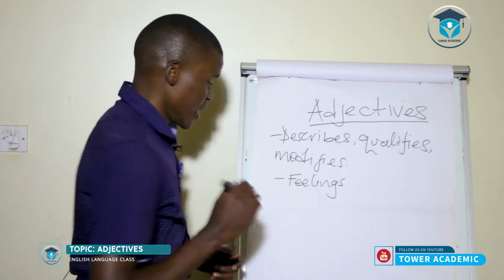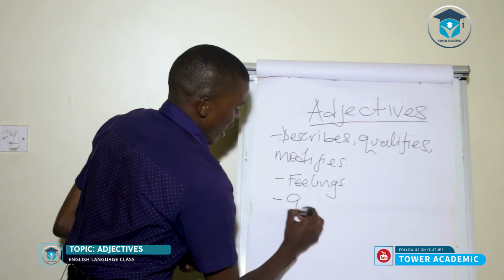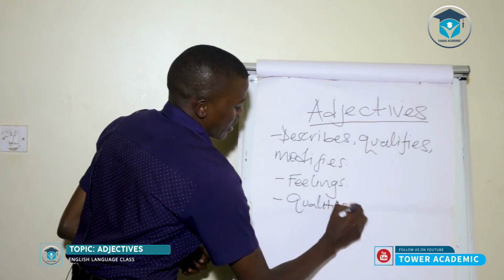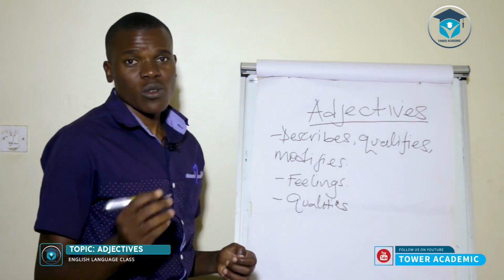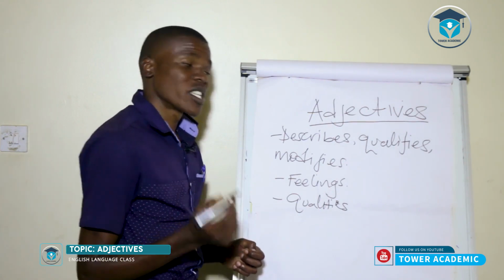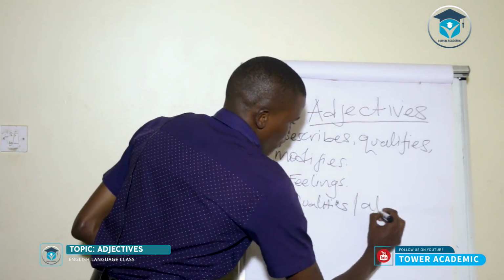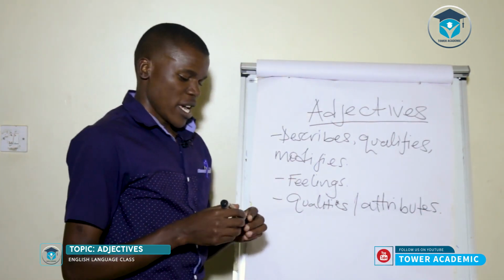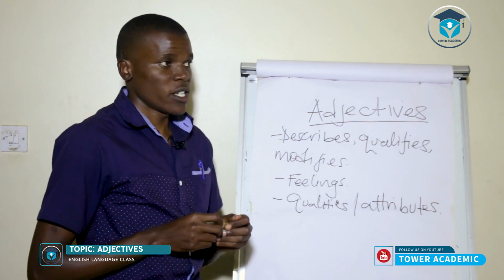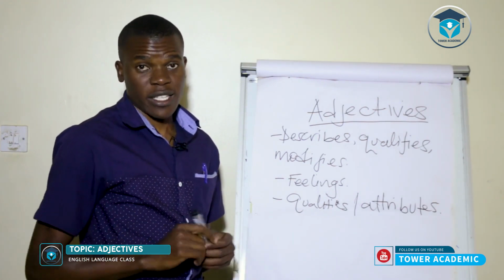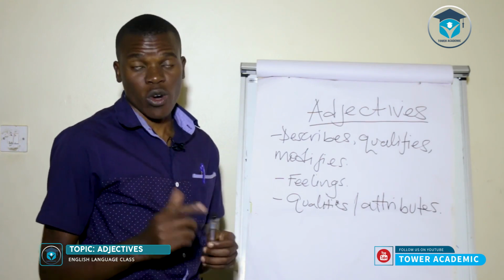Among them include qualities. Adjectives describe qualities. If you don't want to say qualities, you could talk about something like attributes. When you talk about a quality or an attribute, you could look at somebody. For instance, we're looking at maybe a CEO of a certain company in your local area.